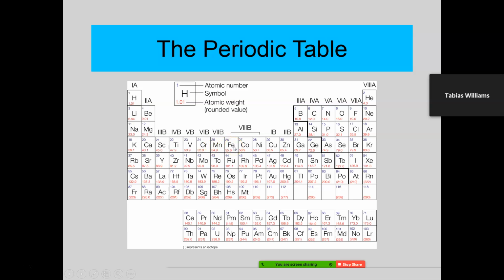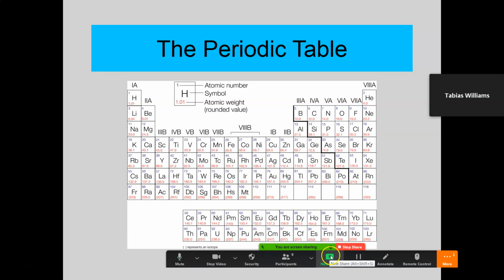There we are. See the periodic table? You can do it that way too. Does that make sense? And there's your 26 here, your 56 there, rounded. Okay? All right, that took a while, but it was doable.